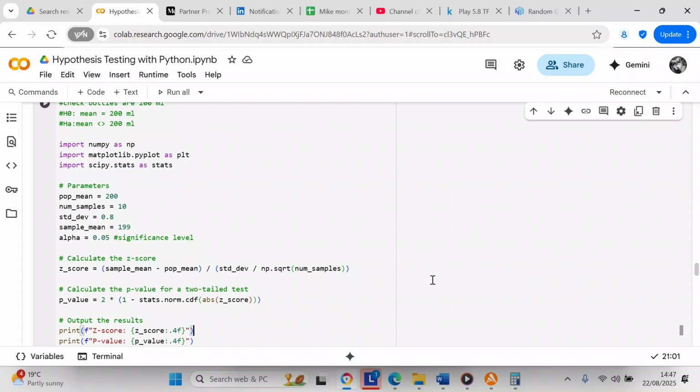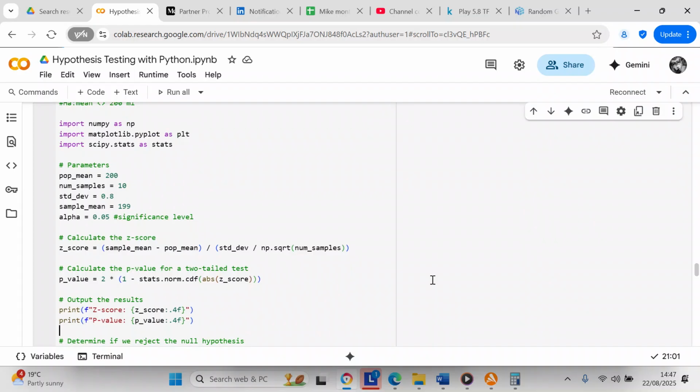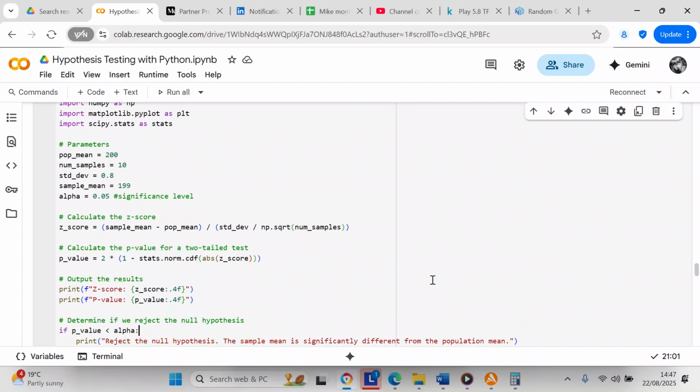After we've calculated our z-score, we're going to calculate the p-value. The p-value equals 2 times 1 minus stats.norm.cdf of the absolute value of the z-score. stats.norm is a normal distribution, and CDF is the cumulative distribution function. Now we're going to print our z-score and our p-value.